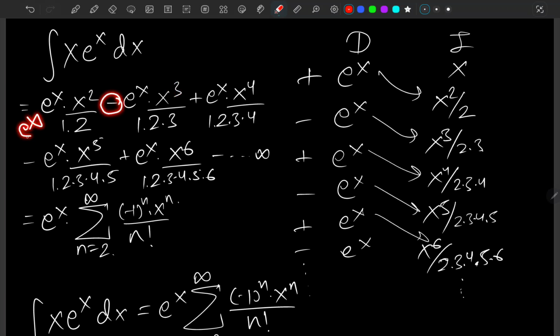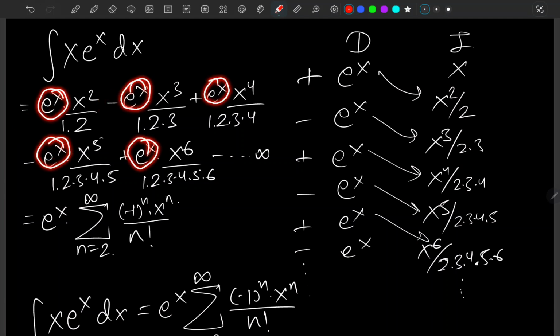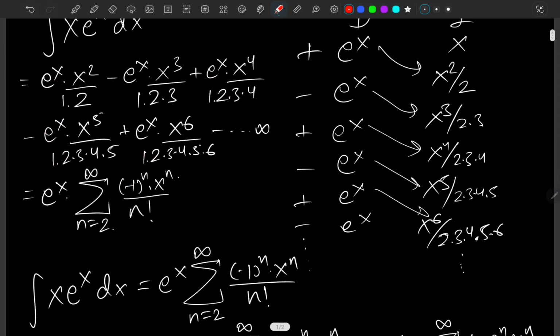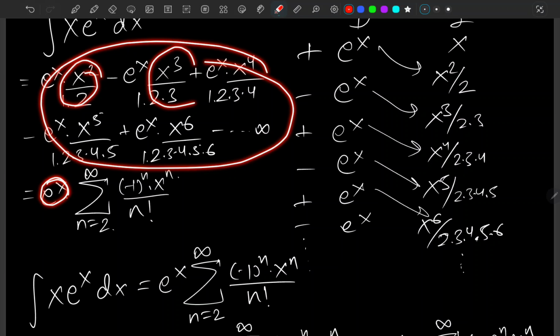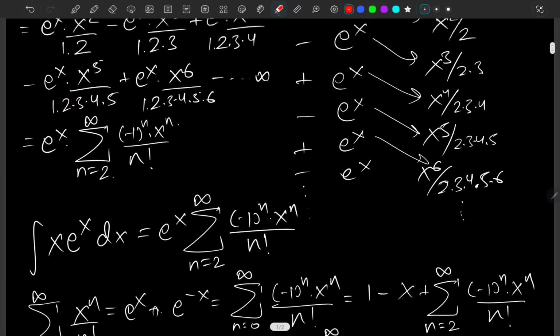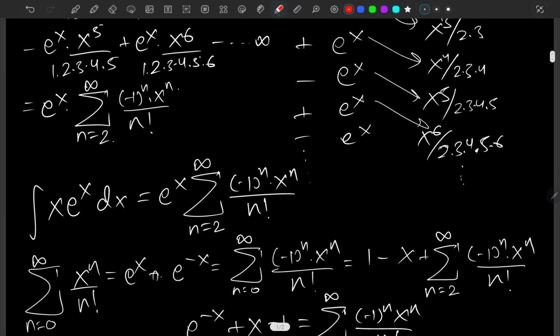Well, we can factor e to the x out from each term. E to the x is common, so we can just factor that out. And when we write these things as an infinite sum, in summation notation, that's going to give us the sum as n goes from 2 to infinity of negative 1 to the n times x to the n over n factorial, right?